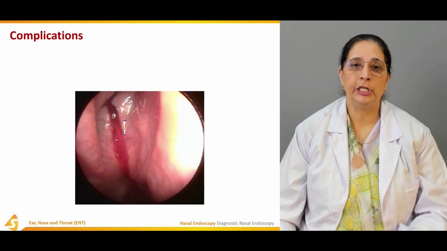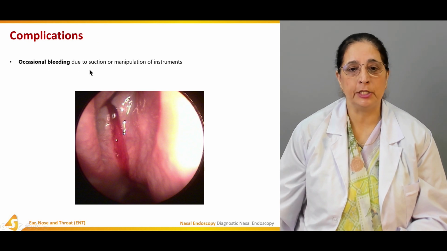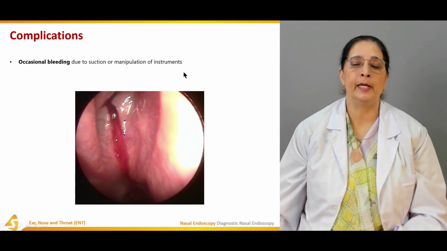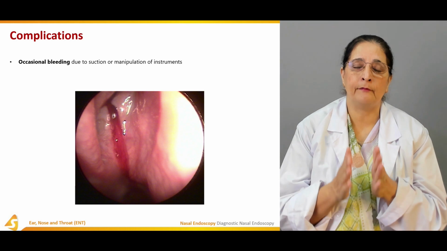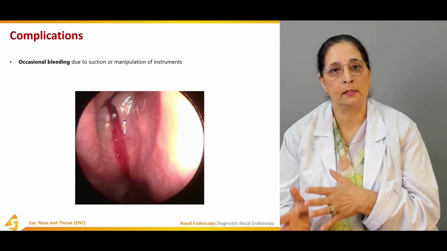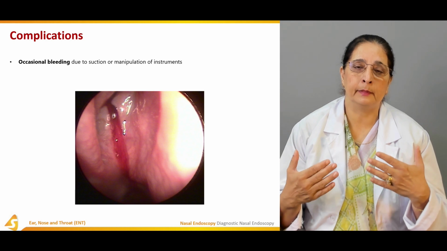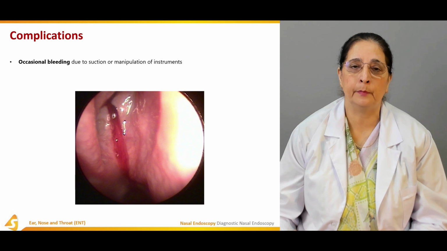Now, the complications of the procedure: we have occasional bleeding due to suction or manipulation of instrument. So when the endoscope is inserted and we have first pass, second pass, third pass, slowly we keep on exploring deeper and deeper parts.